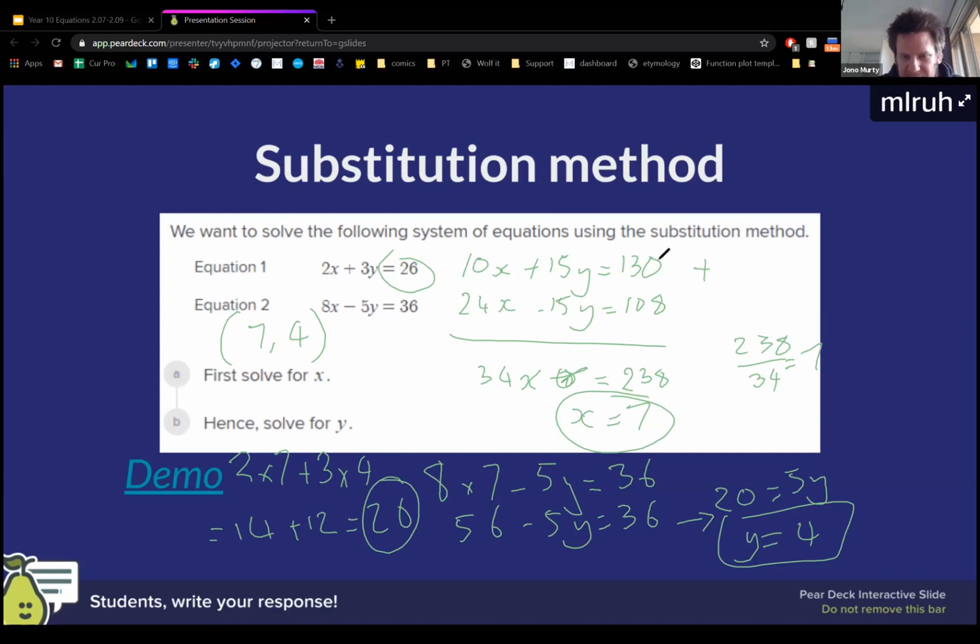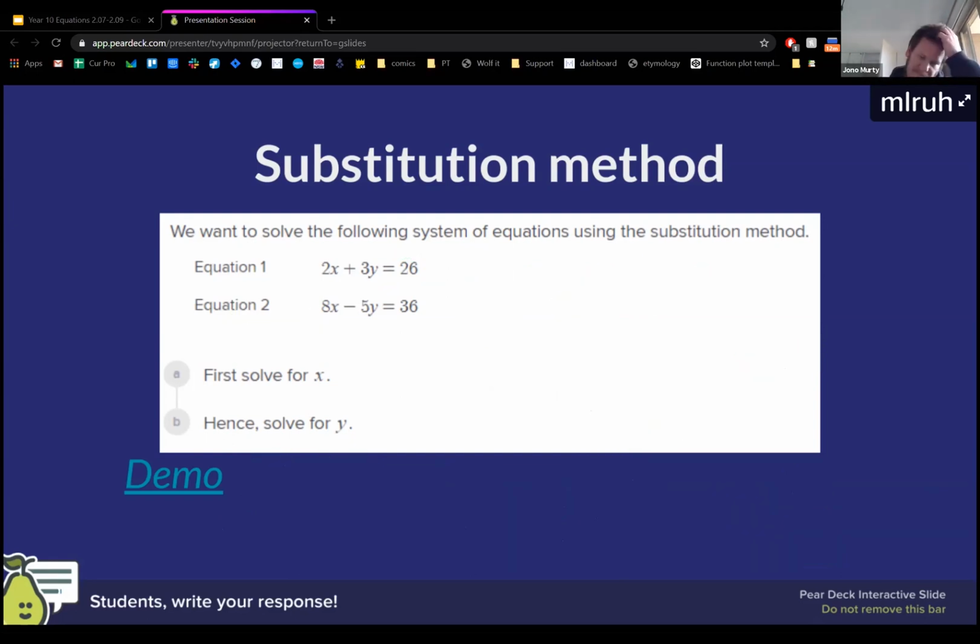Now, I'm still wondering what I did wrong here. Now, I'm going to clear it and just do this another way. When you guys get these in a test or something, you probably won't have the instructions here to solve for x first and then solve for y. If I could do it in any order, I would probably solve for x first, because 2 and 8 have a common factor.